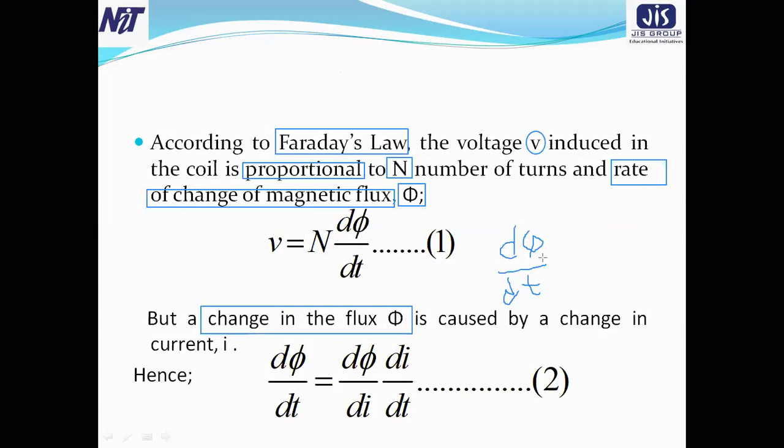So we can write d phi dt equals d phi di into di dt.